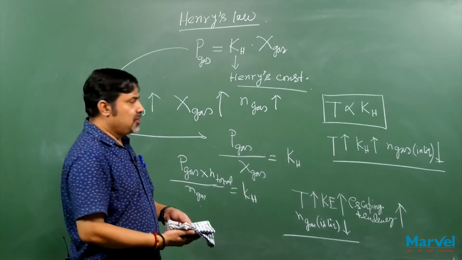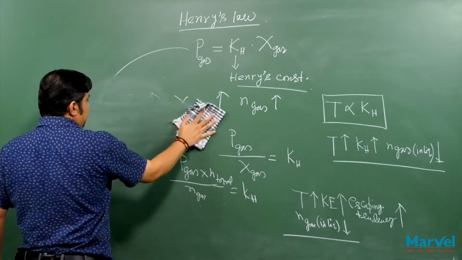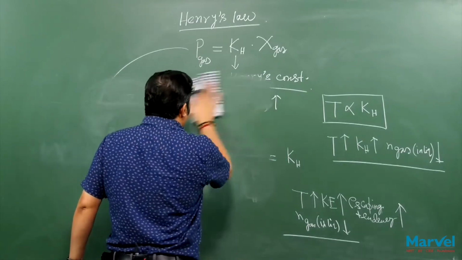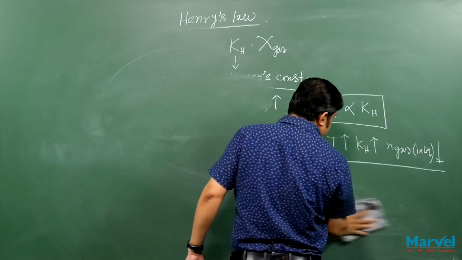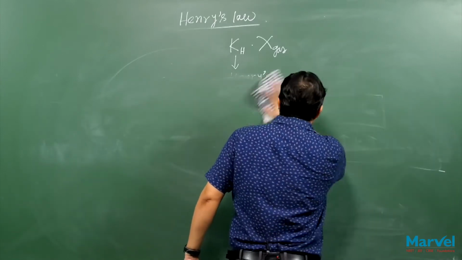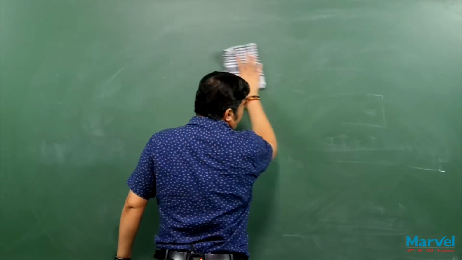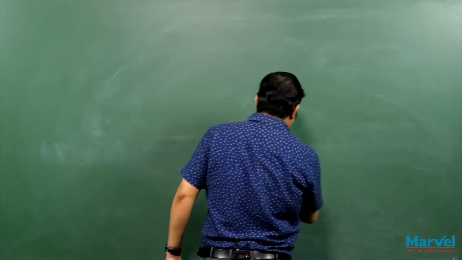Got the point? You need to know what boiling point is, what vapor pressure is, what lowering of vapor pressure is, and what relative lowering of vapor pressure is. We need to know all those things.